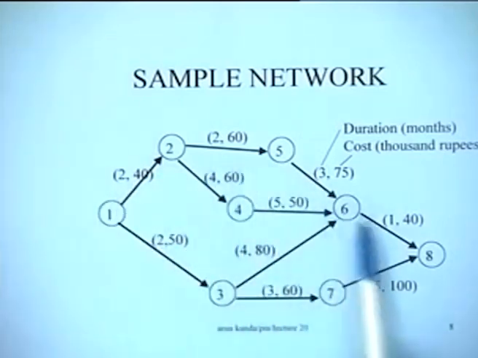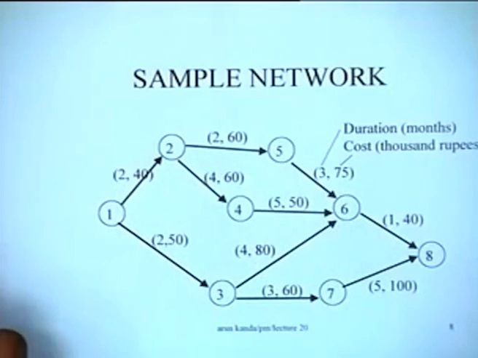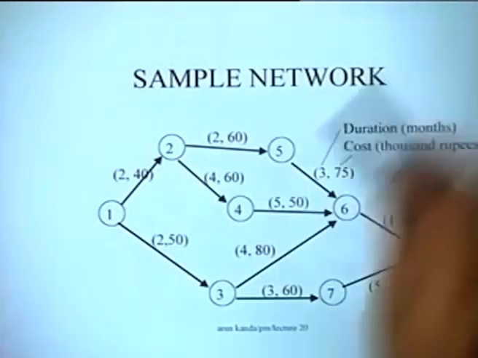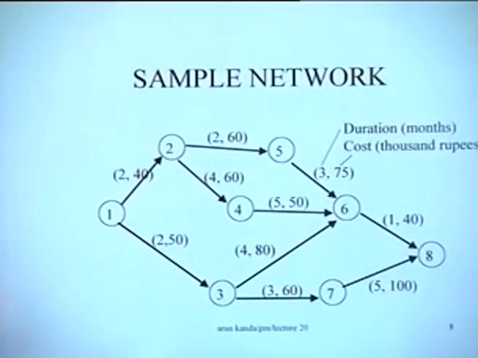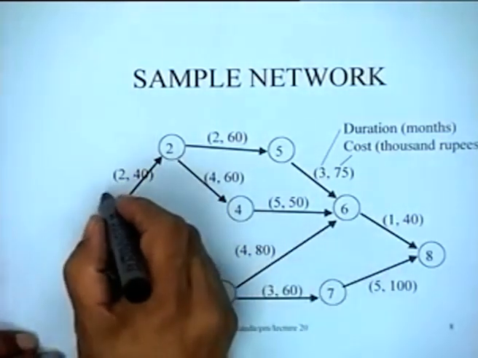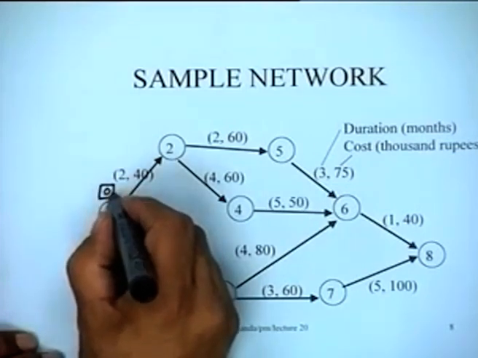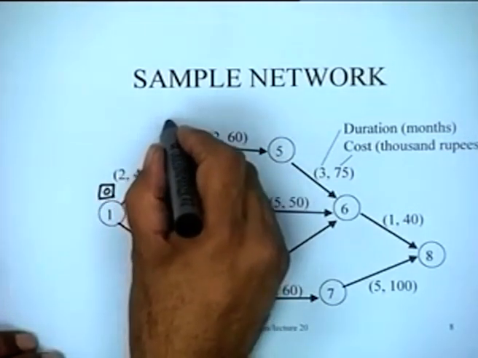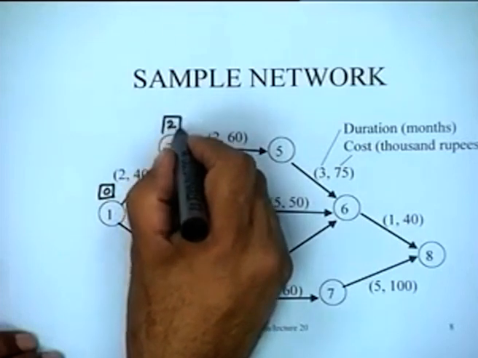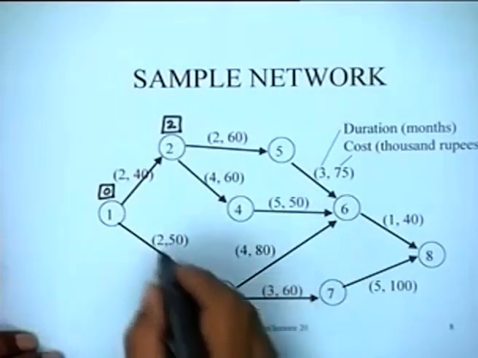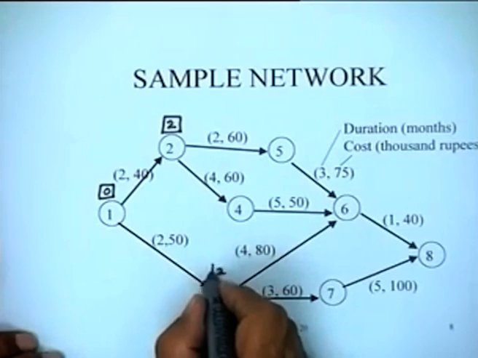So what we can do is we can very easily find out the duration of this project. How can we find out the duration? It's very simple. We can do a forward pass, right. So let us do a forward pass. For instance, this is time 0 for the project, and this is 2 months, and this is going to be 2 months again.